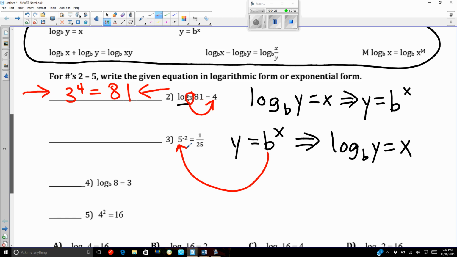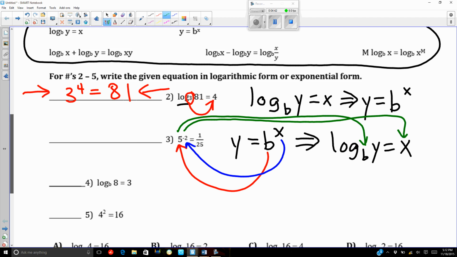So that means the 5 is going to go in right here in log form. The x value is -2. So that means -2 is going to go in for x. And then finally, this last value right here is y. So that's going to go in the spot for y.